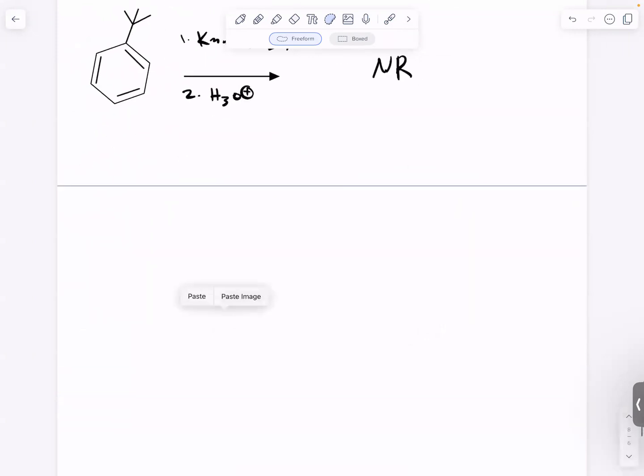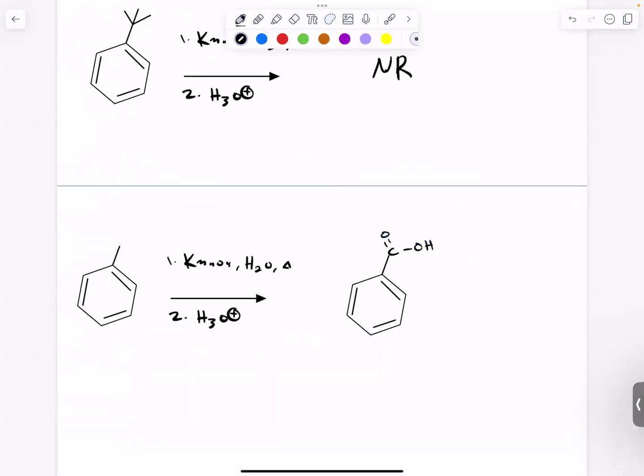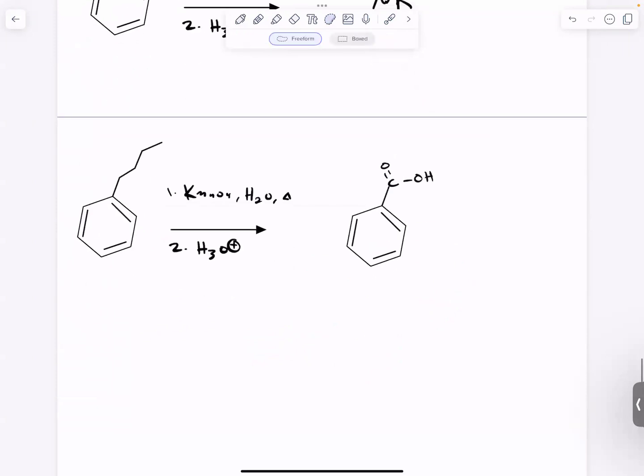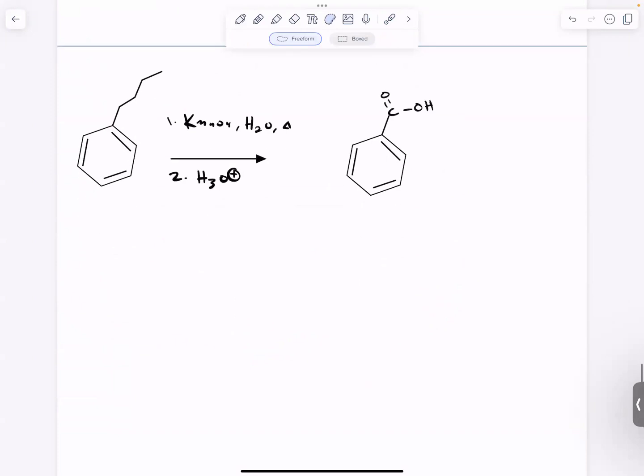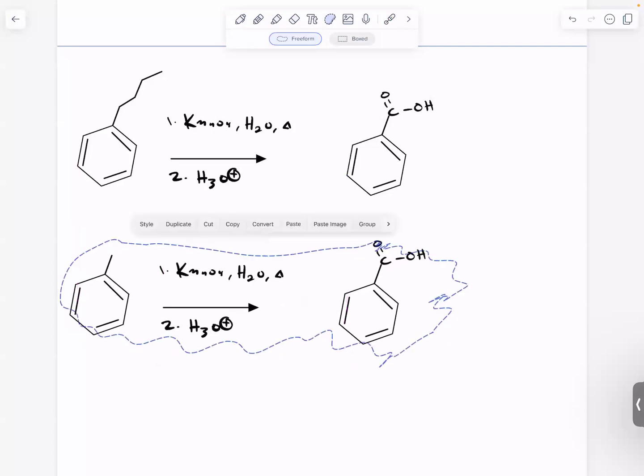just to follow up with that, again, I could make this if this was 2 carbons or 3 or 4, right? It doesn't matter. There's no rearrangement that happens. There's nothing weird. You just still make the carboxylic acid again.